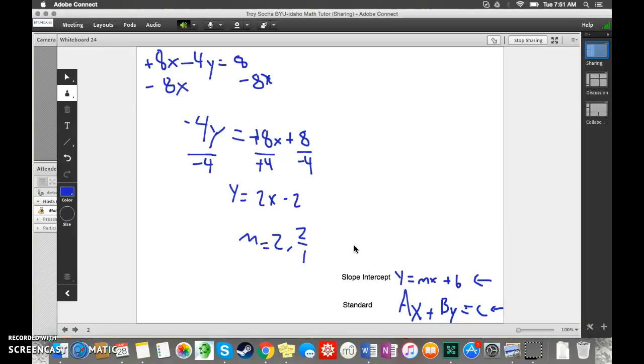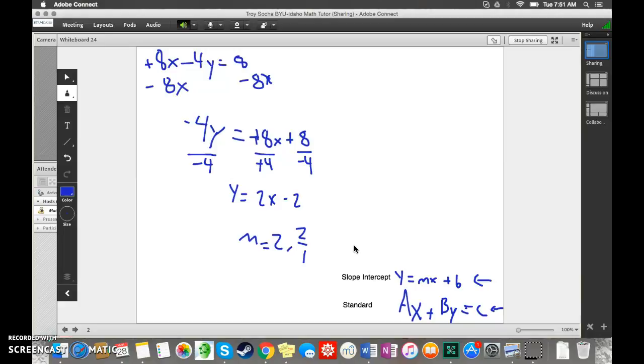But yeah, this is how you do it. Again, get the y term alone. Once you get the y term alone, by subtracting or adding the x term, you can then divide by the number in front of y. Make sure to do it to both of the numbers on the other side, and you get your y equals mx plus b.